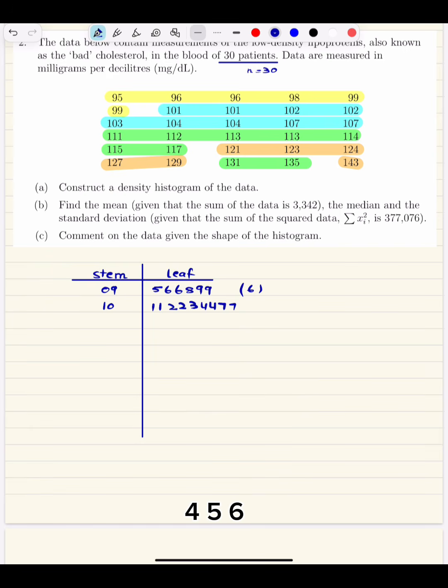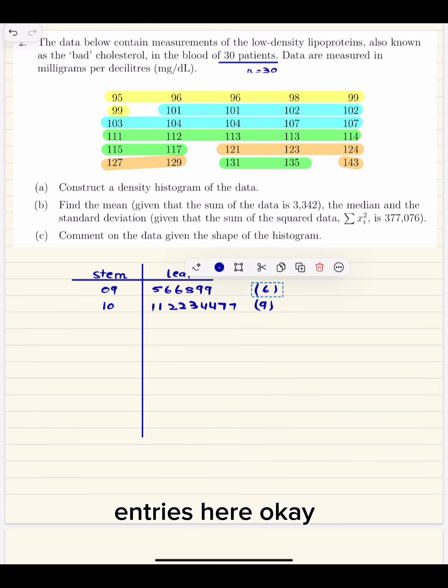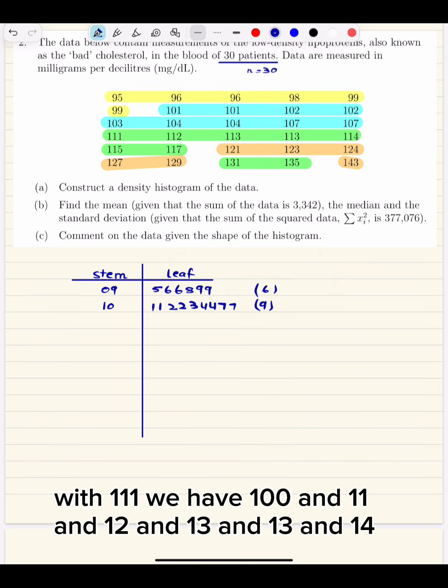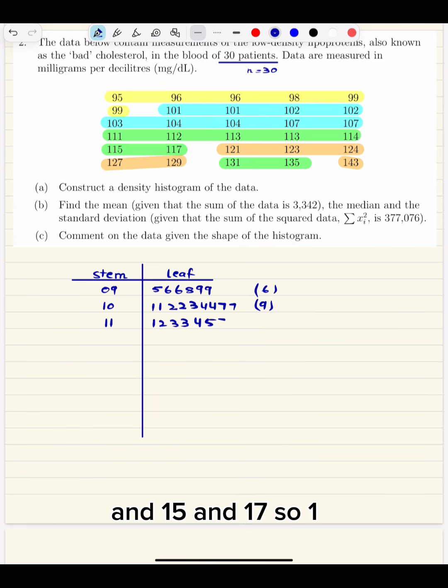That's 1, 2, 3, 4, 5, 6, 7, 8, 9 entries here. Okay, with 110 we have 111, 112, 113, 113, 114, 115, 117.